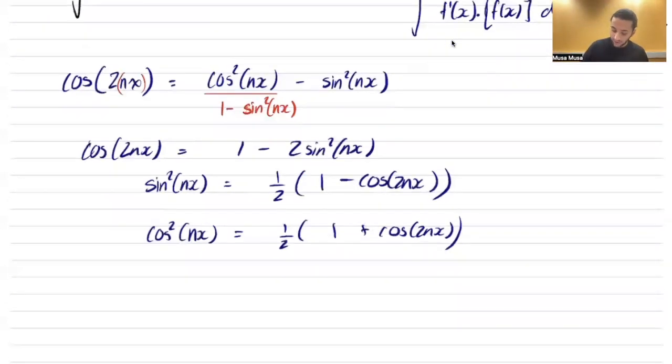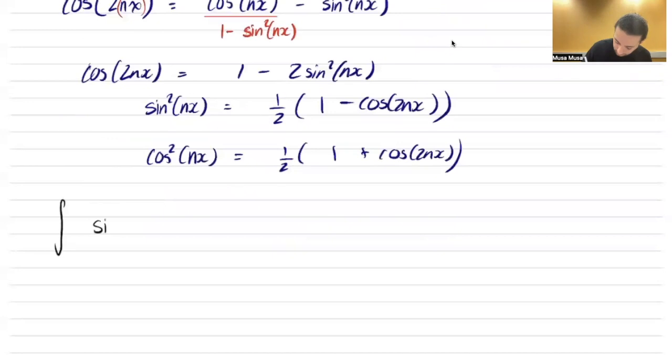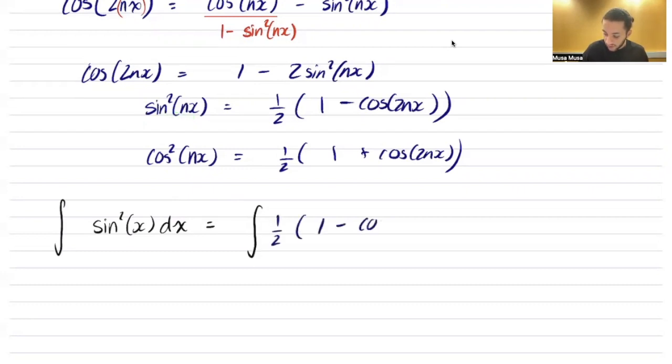So let's go back to sine squared. And let's say instead of writing this as the integral of sine squared, if we look at our formula, whatever the argument is, it's equivalent to saying a half of 1 minus cos of 2 times that argument. If this is nx, that's 2nx. Here, it's just 1x.